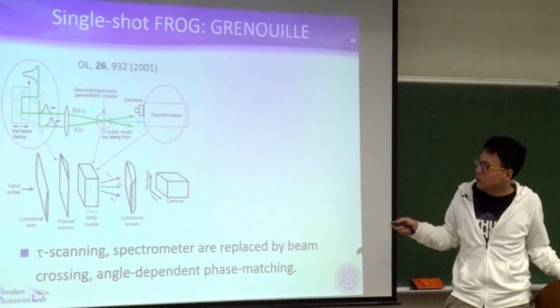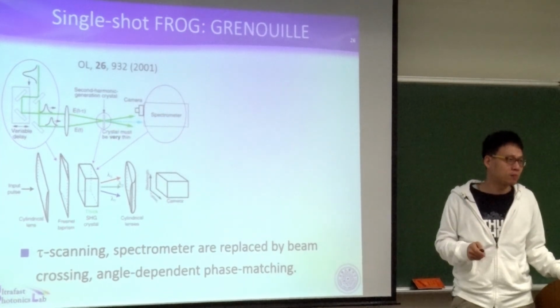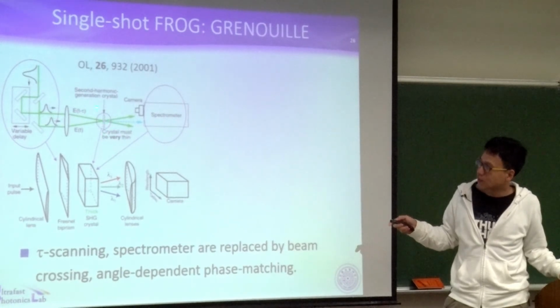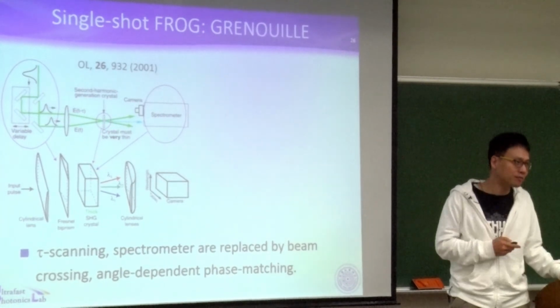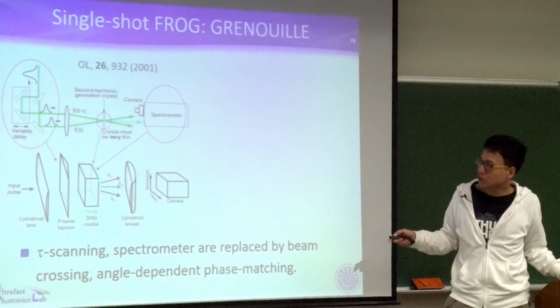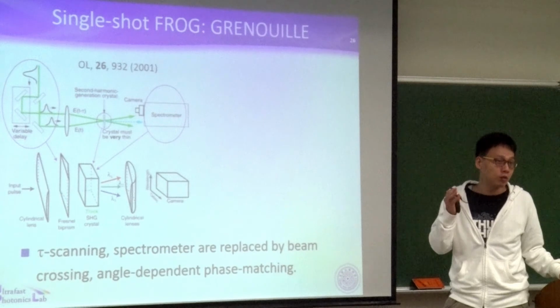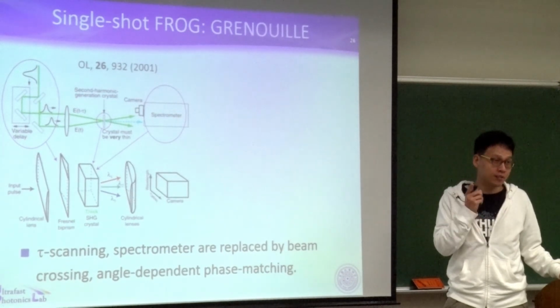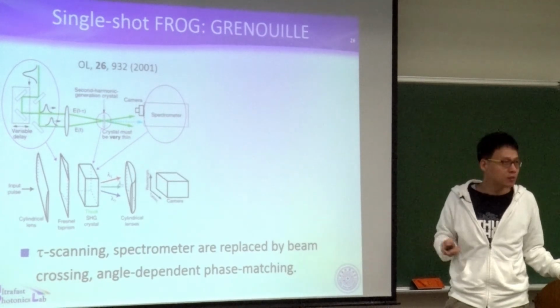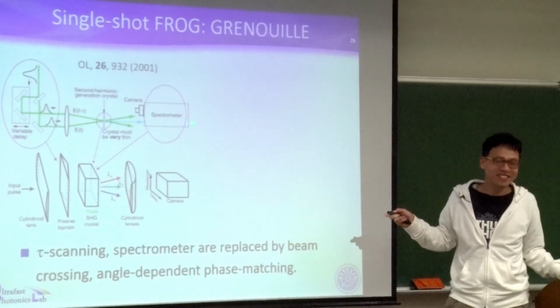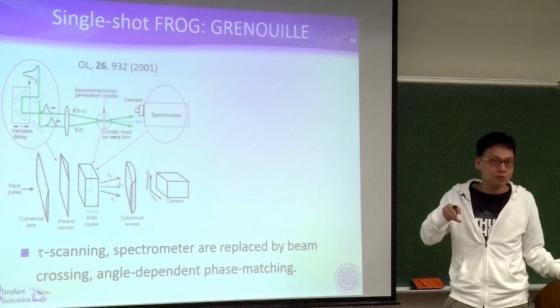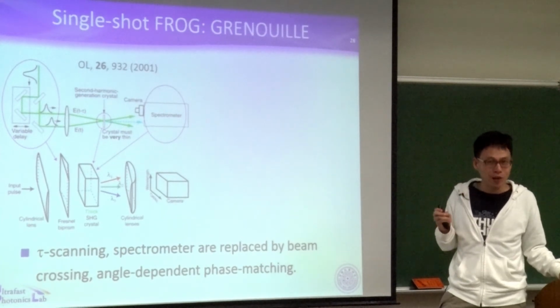But we need a spectrometer in principle. It turns out that they just replace the thin crystal with a thick crystal. With a thick crystal, different colors will be phase matched along different output angles. So angular resolution is there. You do not need a spectrometer, right? A spectrometer is used such that different colors propagate along different directions.